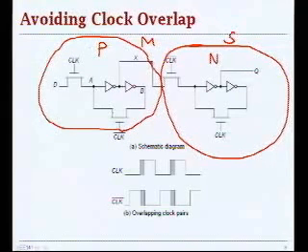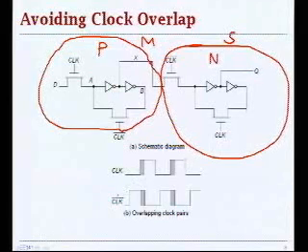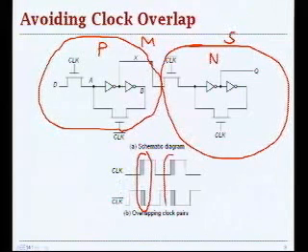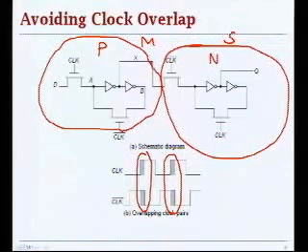Now let's figure out what really happens during this sampling edge. What you can have in this situation is that if we say this is clock, and this one is the clock bar, then you have this overlap period. So now your clock bar is high, but your clock is also high.